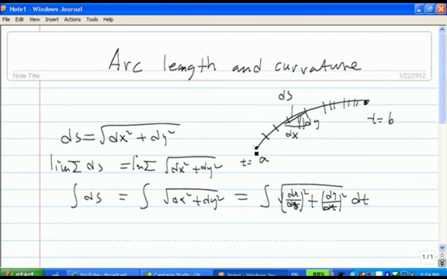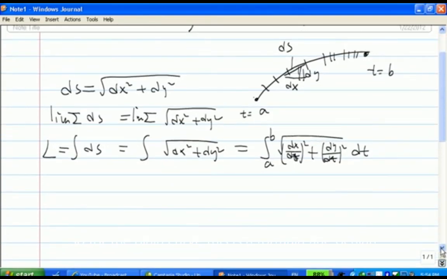Okay, t equal to a gives you the starting point, t equal to b gives you the end point, and you find the arc length, which we call L. Okay, so for the plane curve, this is the formula to find arc length.